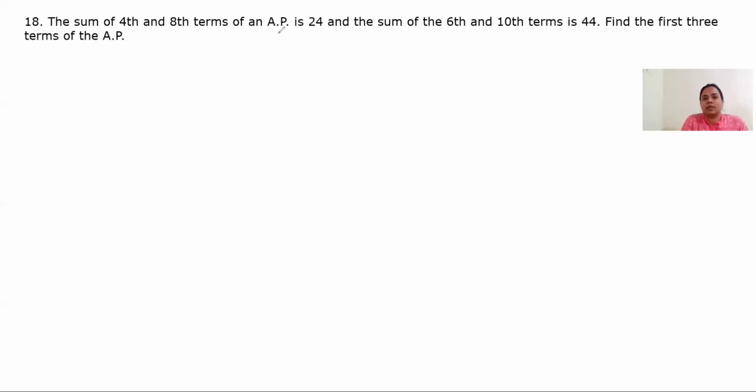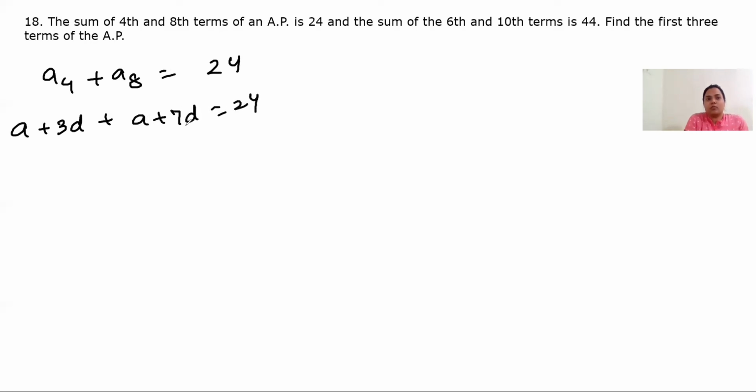Next question. The sum of 4th and 8th terms of an AP is 24, and the sum of 6th and 10th terms is 44. Find the first 3 terms of the AP. It means A4 plus A8 is 24, means A plus 3D plus A plus 7D is 24.